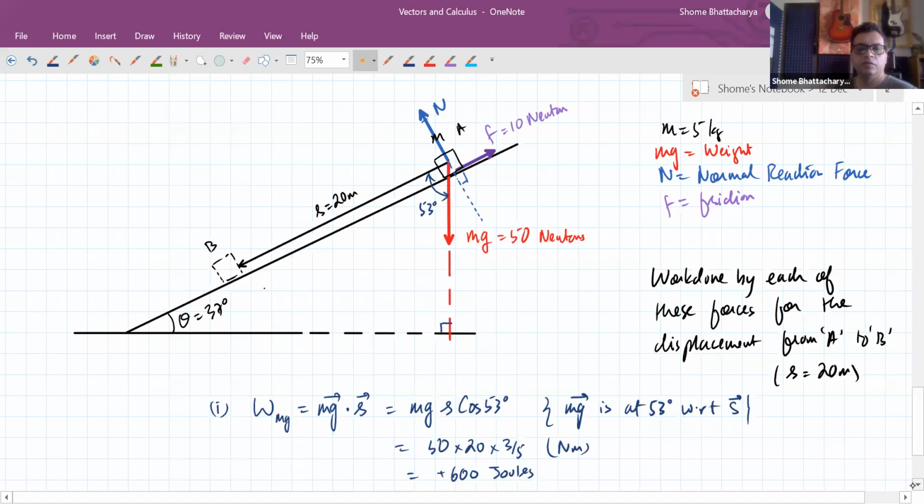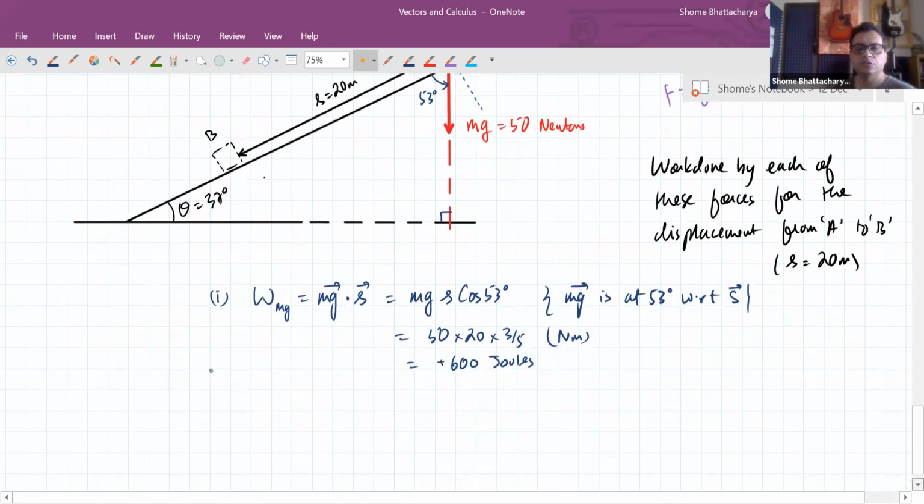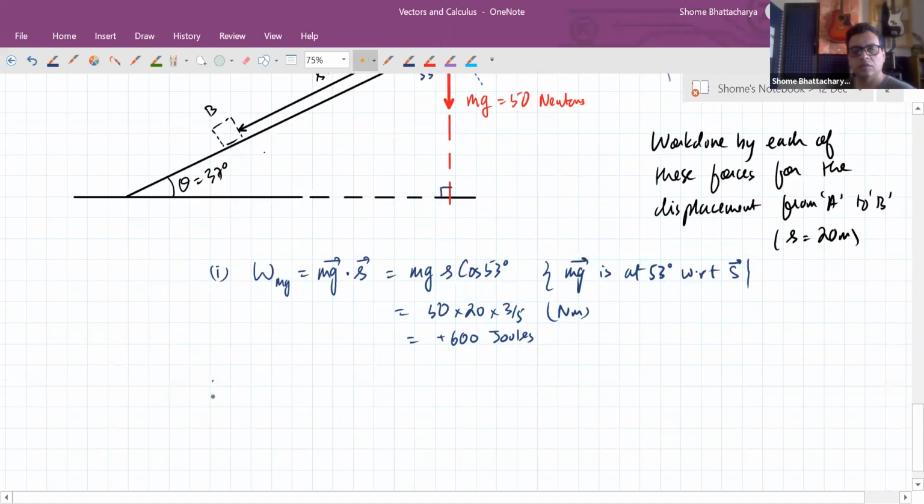Now, we have not calculated the value of normal reaction in this case. I'm sure all of you can calculate it from the vector diagram. But you will see that for the calculation of work done, it is not required. Why? Because the normal reaction is actually perpendicular to the displacement. So this was the work done by the gravitational force.